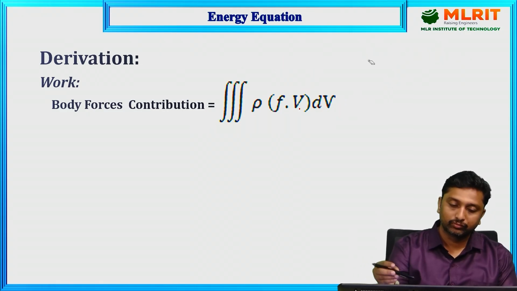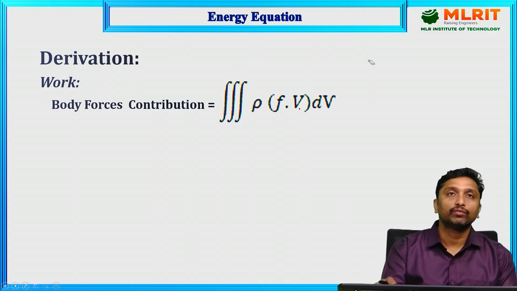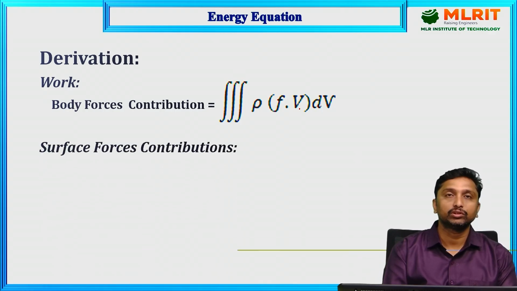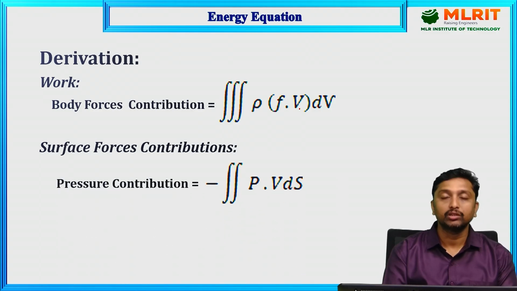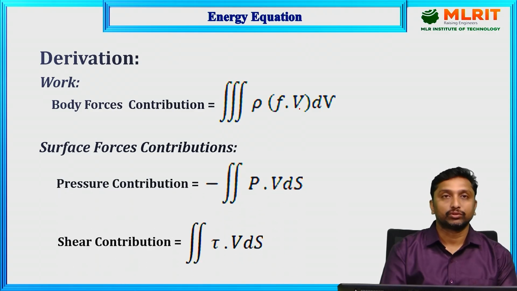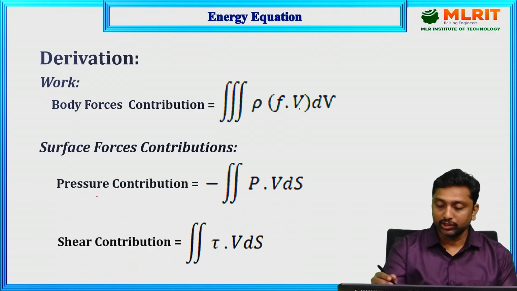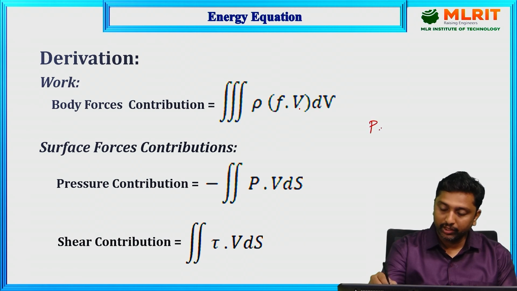Now similarly, contribution of surface forces. We have seen two surface forces, one is pressure force, the other one is shear force. Pressure force is nothing but P into A, the area on which it is acting.